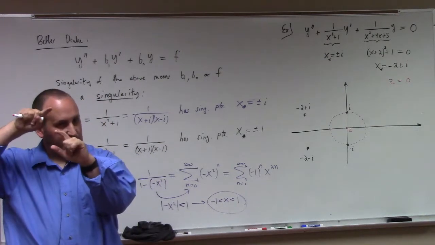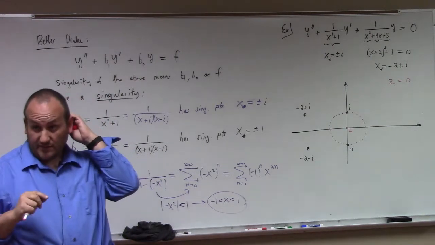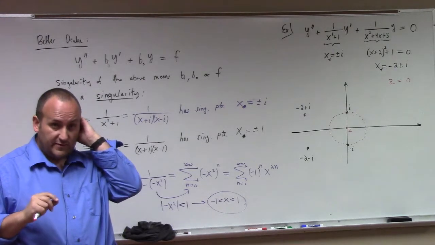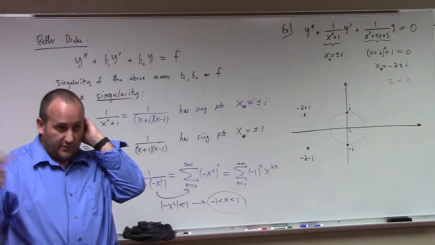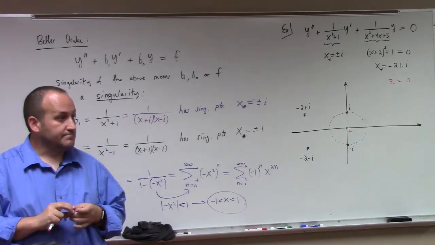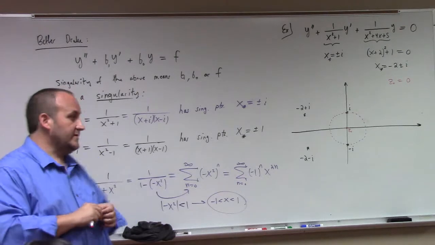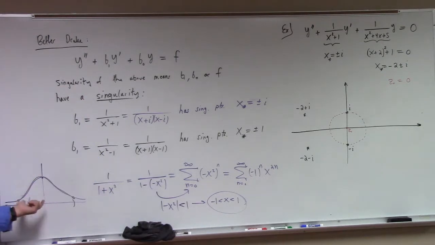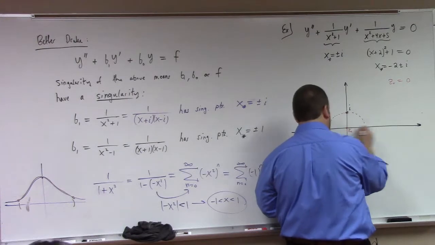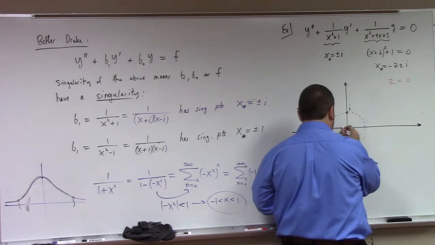That means if I try to solve this differential equation centered at the origin with a power series, my solution is only going to exist and be a solution between minus 1 and 1. For essentially the same reasons that the geometric series representation of 1 over 1 plus x squared only worked there. So this would be my solution domain.